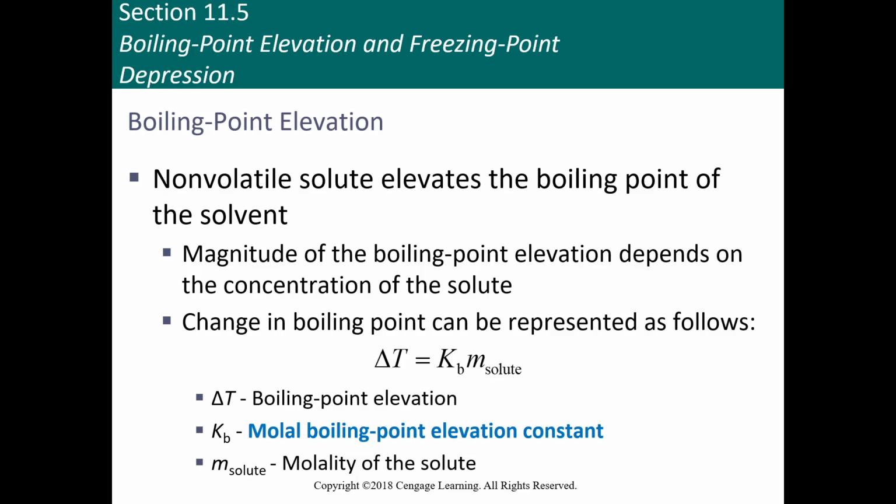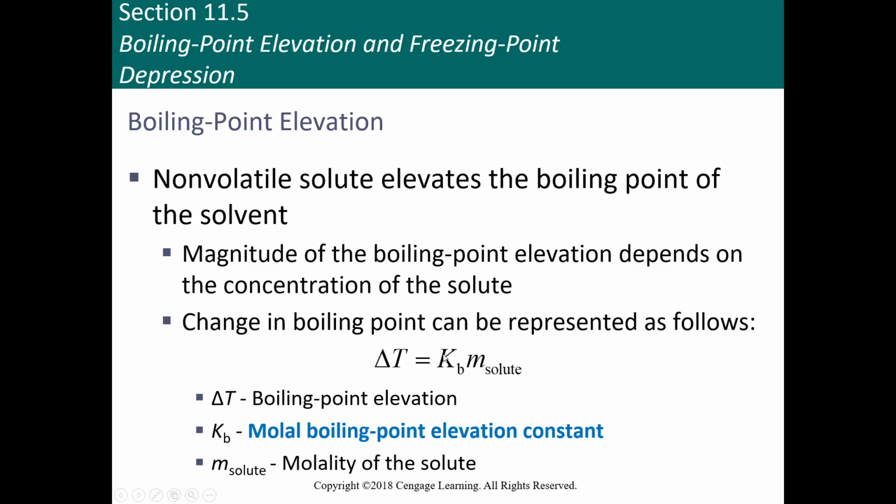Your change in boiling point can be represented by the boiling point elevation formula, how much your boiling point goes up. This is equal to a molal boiling point elevation constant, K. It's just a constant that depends on what solvent you have.